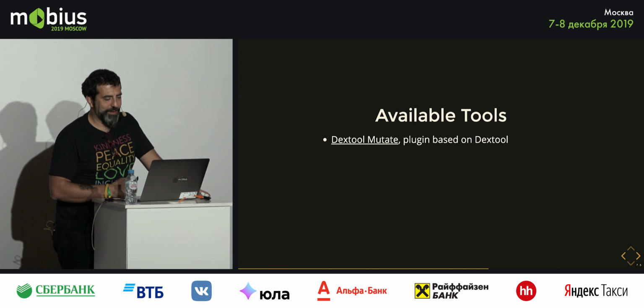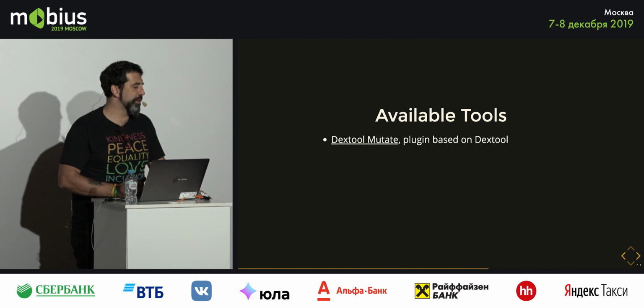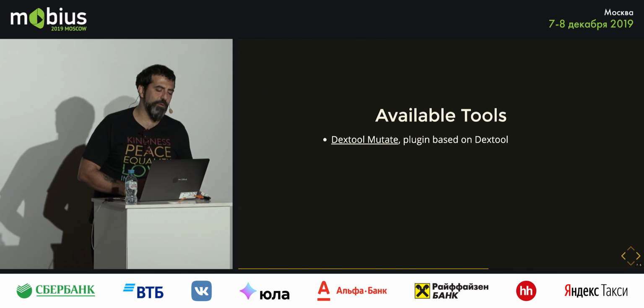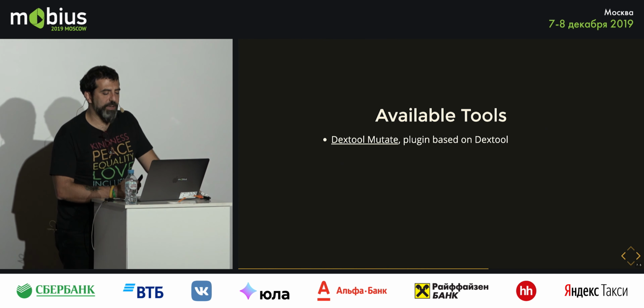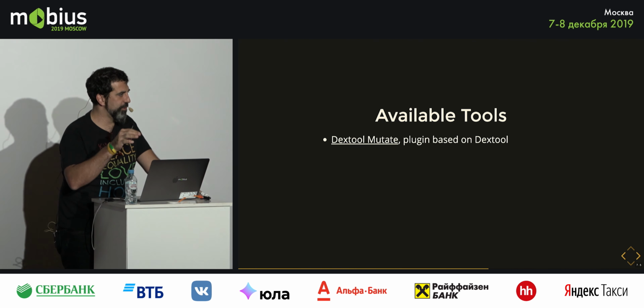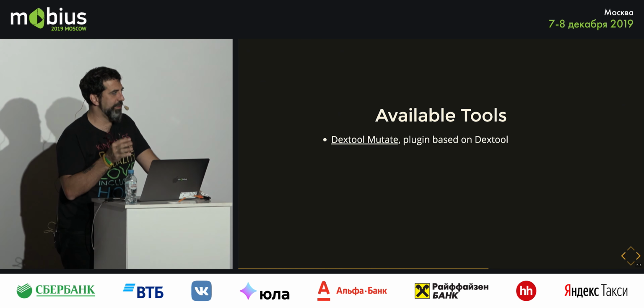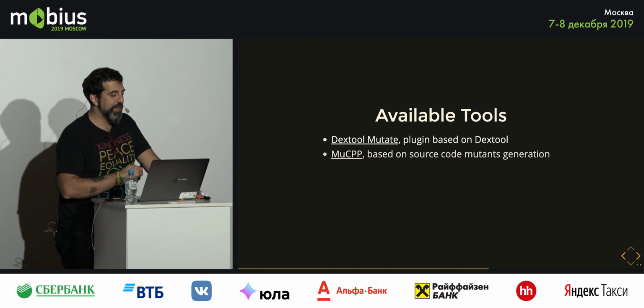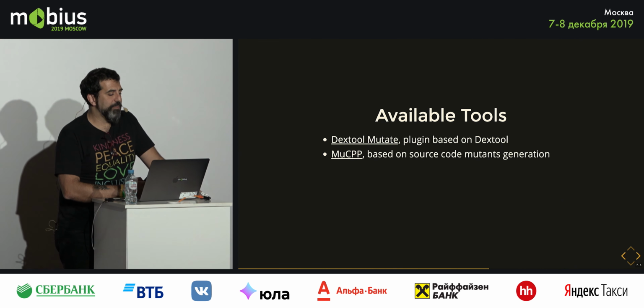There are several available tools that can work with LLVM. One is Dextool Mutate. Dextool has a very interesting feature for me, that it can continue from where a testing session was interrupted. So whenever a mutant gets detected or survives, you can pause everything and you can start again to run the test from there. MuCPP is based on source code mutant generation.